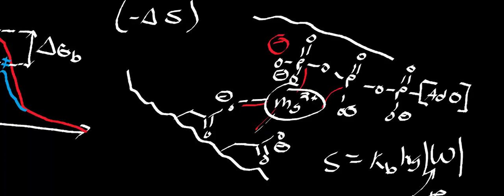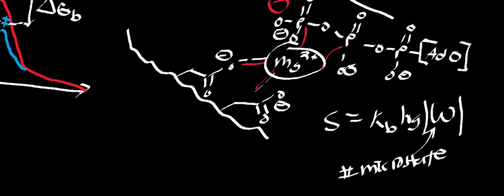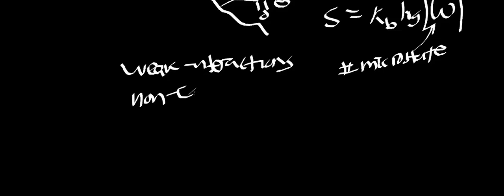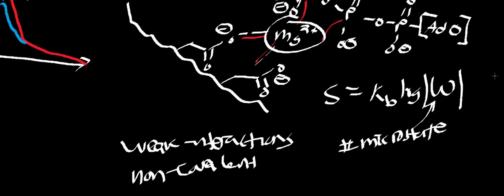when you have weak interactions. What's a weak interaction? Weak interactions are non-covalent bonds. These are things like electrostatic interactions between full positives and full negatives, or we can have partial charges that interact, like hydrogen bonding and dipole interactions.